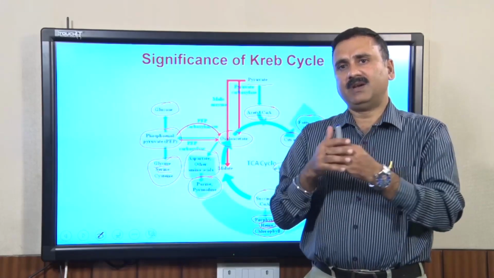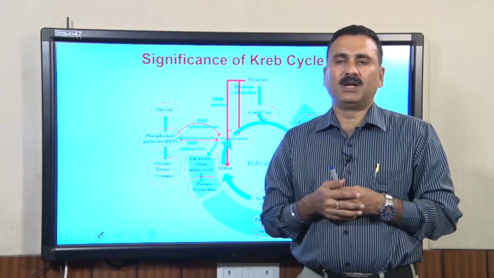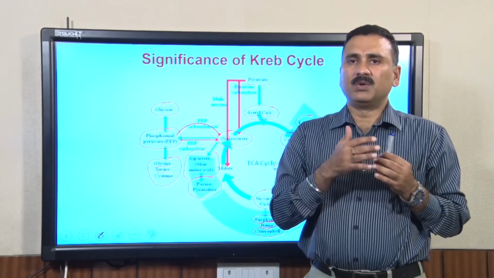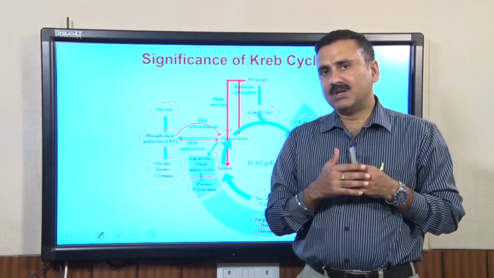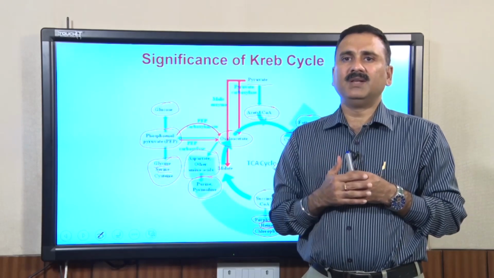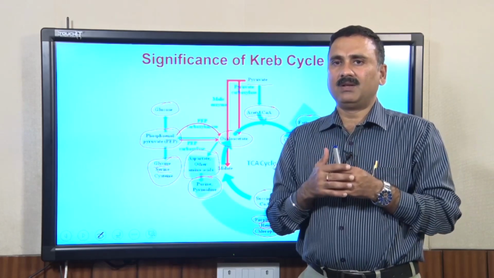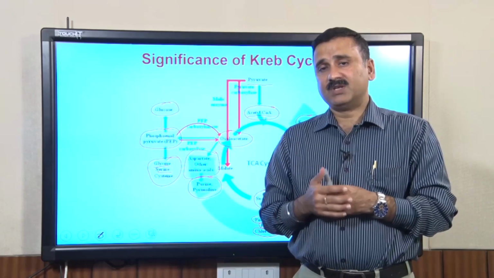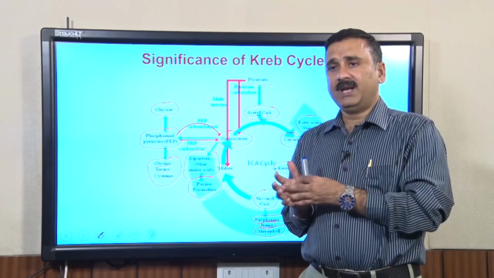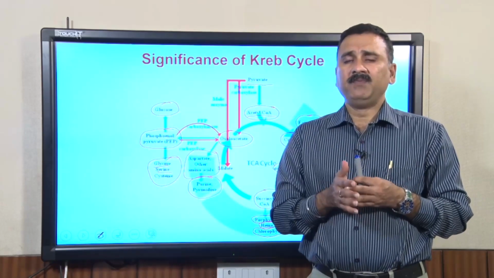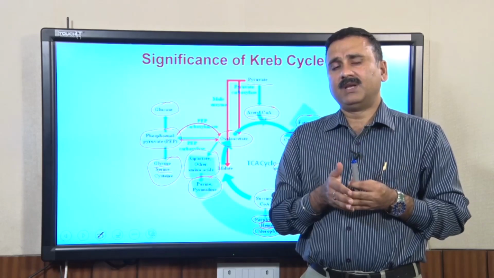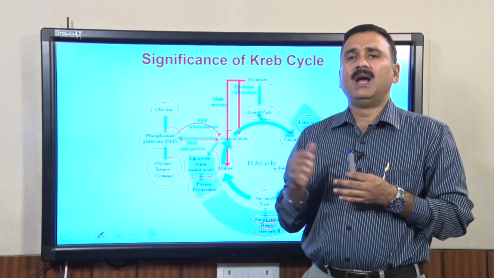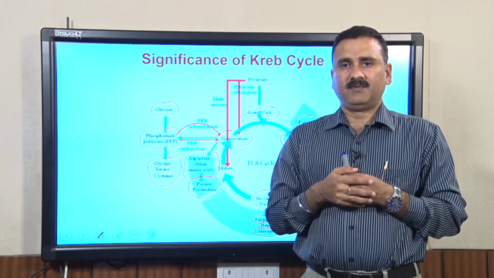So, all these NADH and FADH are going to go to the electron transport chain, where the different electron receptors are going to receive these molecules and process the NADH or FADH to generate the ATP. In this electron transport chain the oxygen is required. So, as a result, if oxygen is present, the Krebs cycle will run these intermediates, and there will be energy generation.